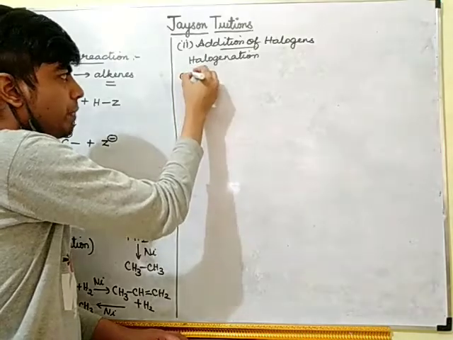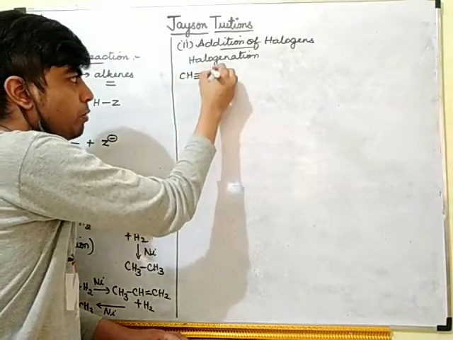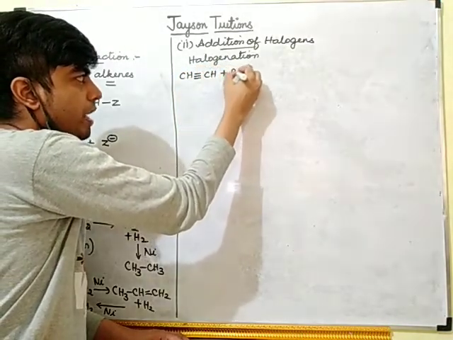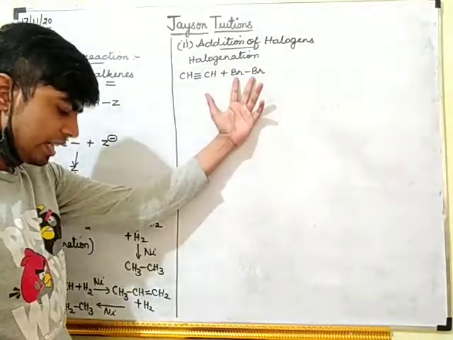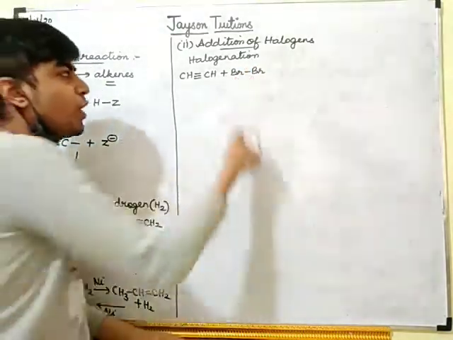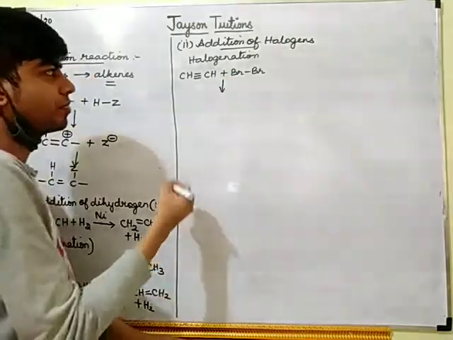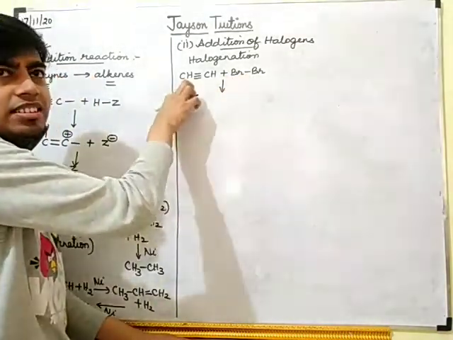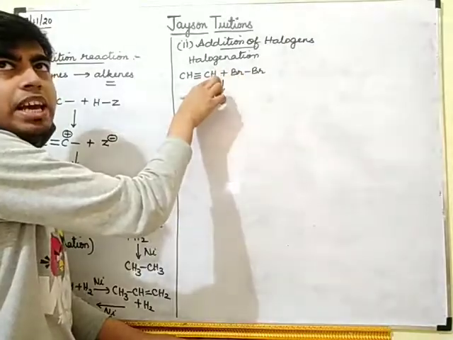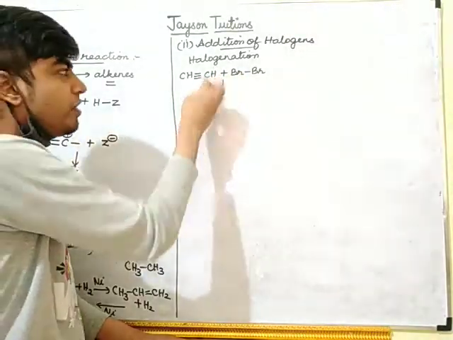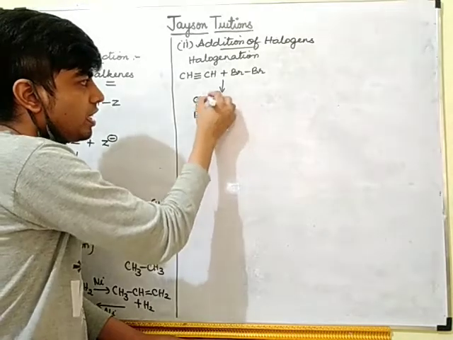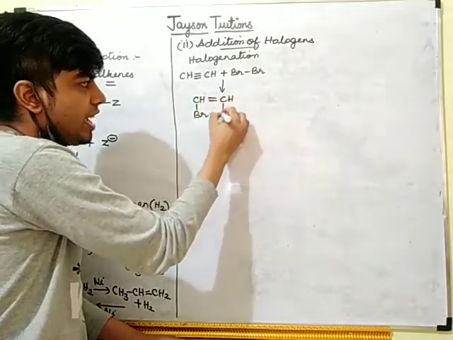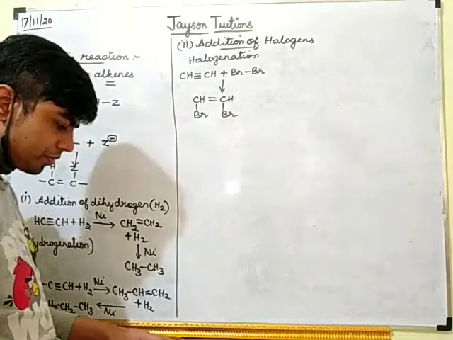So for example, if it is CH triple bond CH and I am adding Br2. For understanding purpose, I am writing like this. Okay. So what you will get? Tell me. One Br will be added this side and another Br will be added this side. So you will get CHBr double bond CHBr.